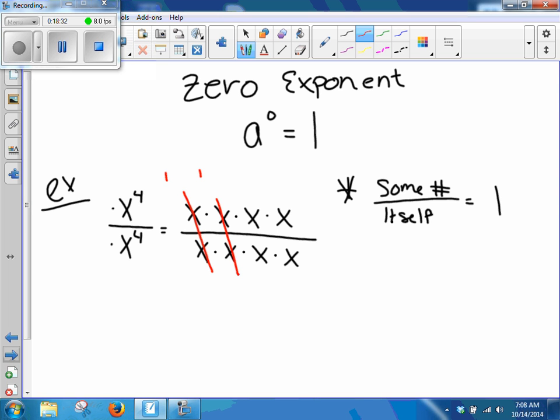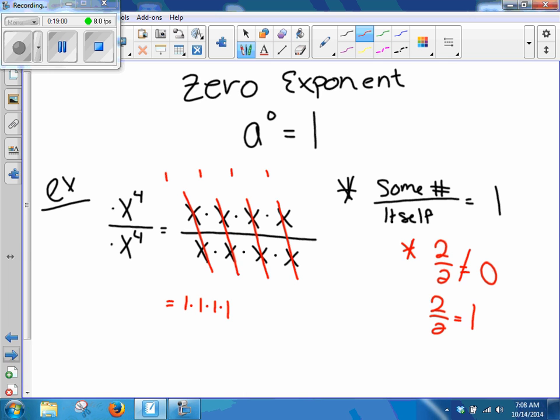These go down to 1. These go down to 1. And that goes down to 1 as well. So truly what I have here is 1 times 1 times 1 times 1. I don't have 0. Okay? If I had something like 2 divided by 2, I have never written 0. Okay? Because there's still a number that's there. 2 divided by 2 is always equal to 1.